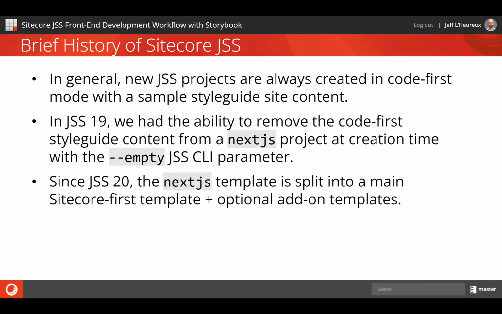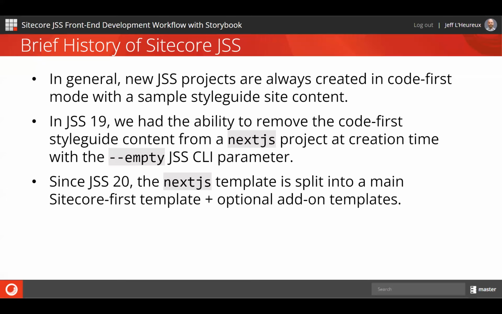In JSS 20, the template for the Next.js application was split into a main template and a couple of optional add-on templates, including the SXA template, the style guide template, the multi-site template, and the CDP Personalize template, if I'm correct. So there's a few of them.